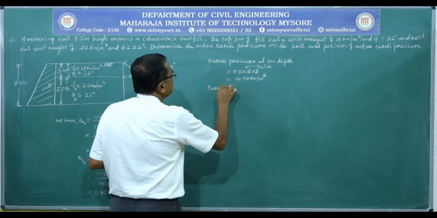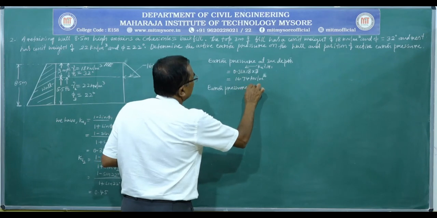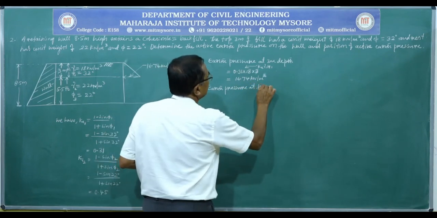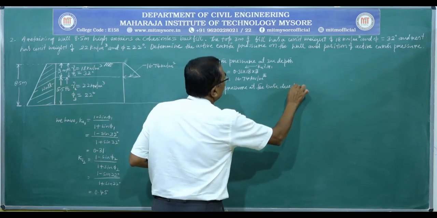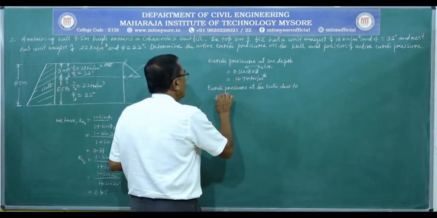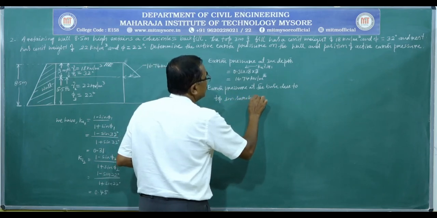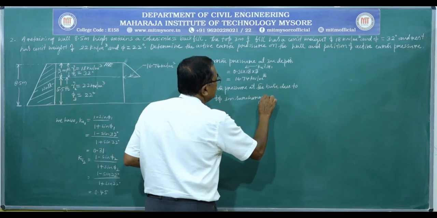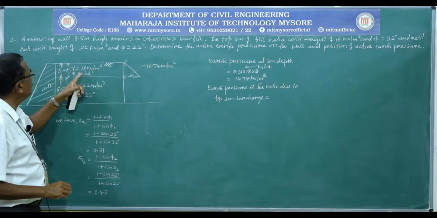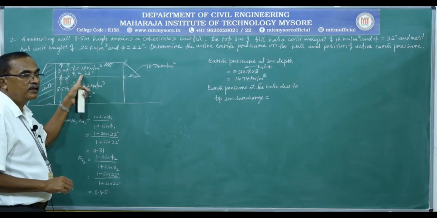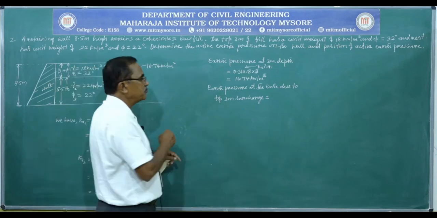Earth pressure at the base due to the top 3 meter surcharge is equal to, surcharge means we have to use gamma 1 into H1 as the surcharge pressure, that multiplied by the earth pressure coefficient of the bottom layer, that gives you the earth pressure.